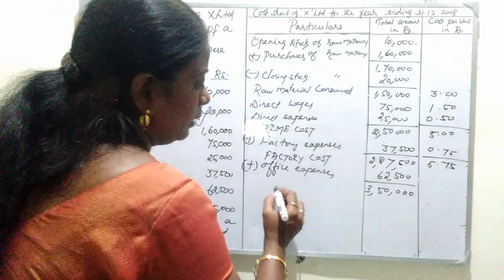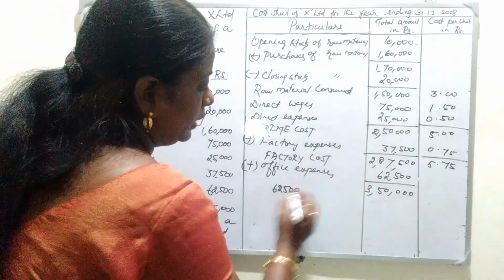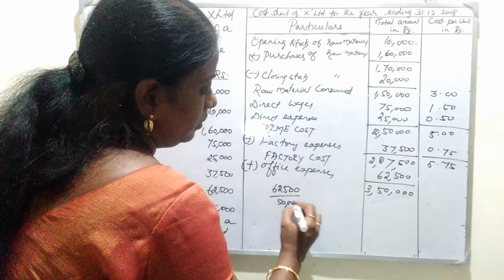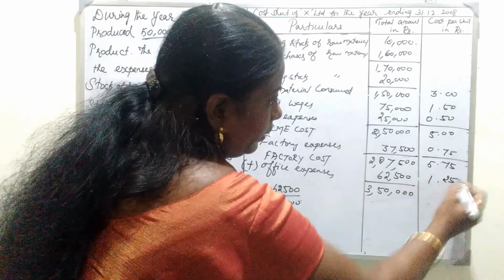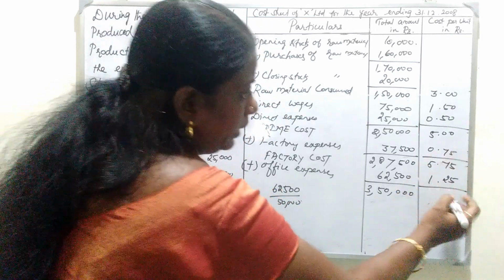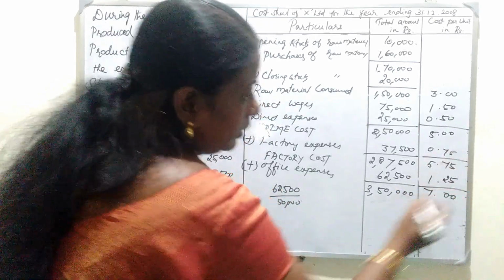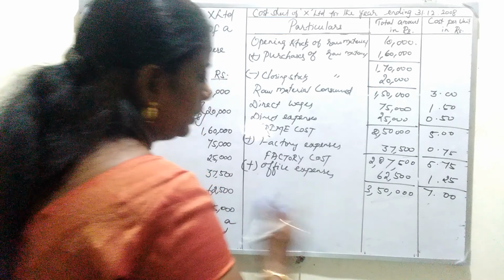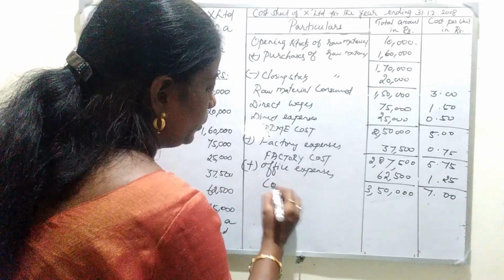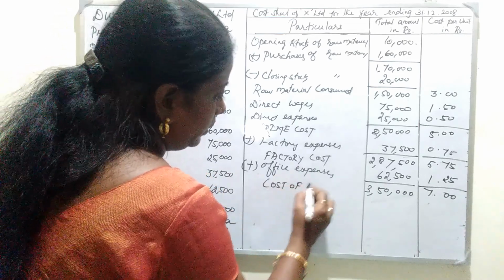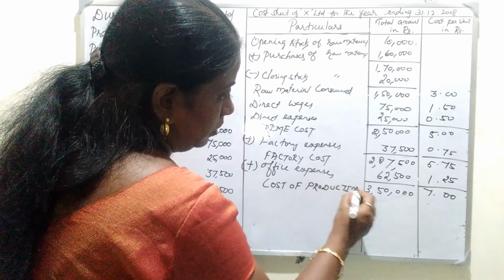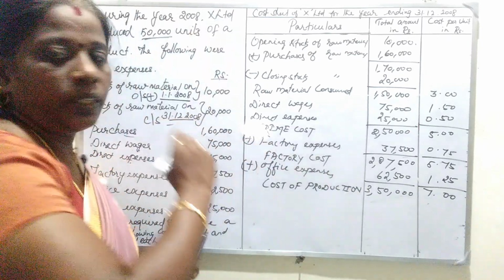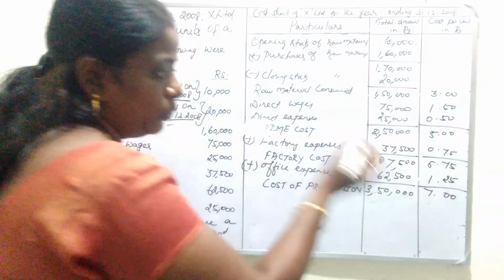The cost per unit value for office expenses is 1 rupee 25 paise. If we add this, 7 rupees. So 7 rupees is the cost of production, and if we divide this total amount by the units, we get the same.